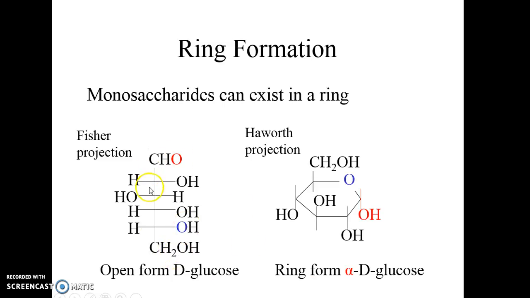When the monosaccharide forms a ring, this oxygen goes around back and attaches to this carbon. You can see this carbon right here is this carbon. And because this oxygen could go around back or it could come around front and attach, there's 2 ways for it to close.